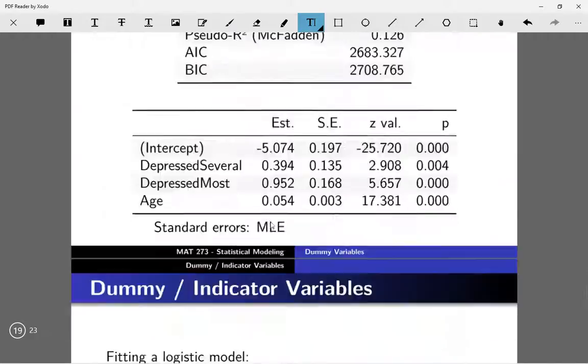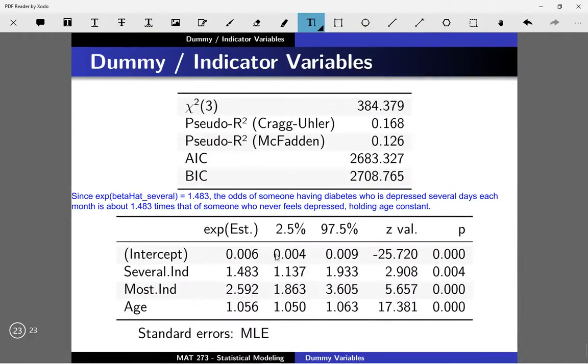So if we interpret the intercept term here, I'll show you what I mean.